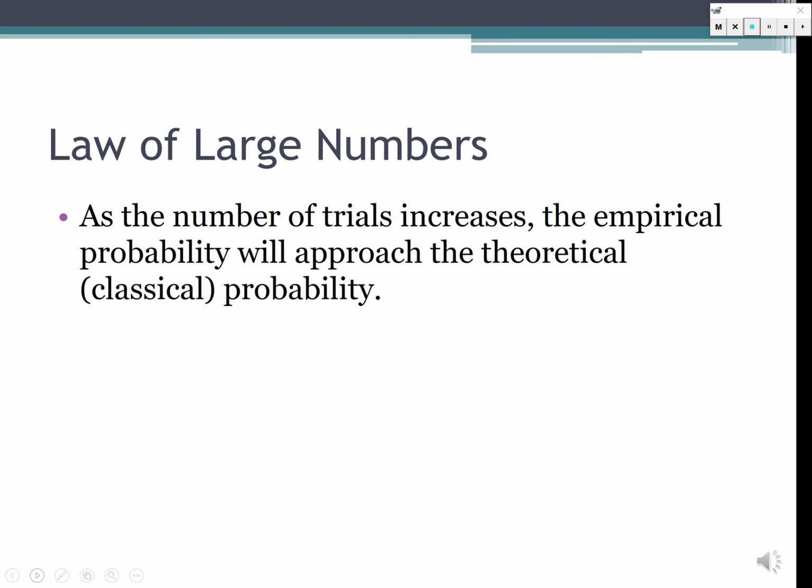So we had before that we tossed a coin and we got so many heads out of 60. We weren't at a half. But as we increase our number of trials, when we flip the coin, we will get closer and closer to the 1/2 that in theory we should get. So the more and more trials we do, the closer that empirical probability gets to the theoretical.